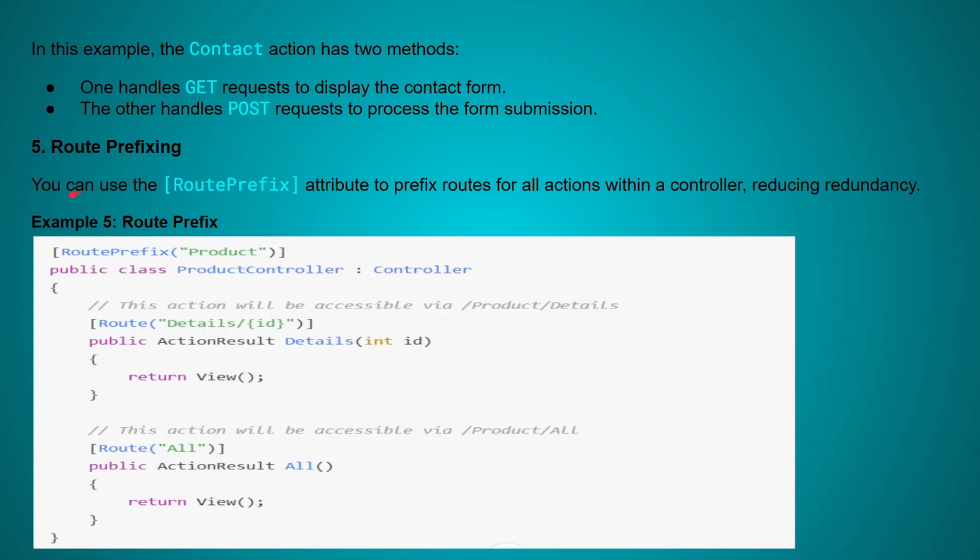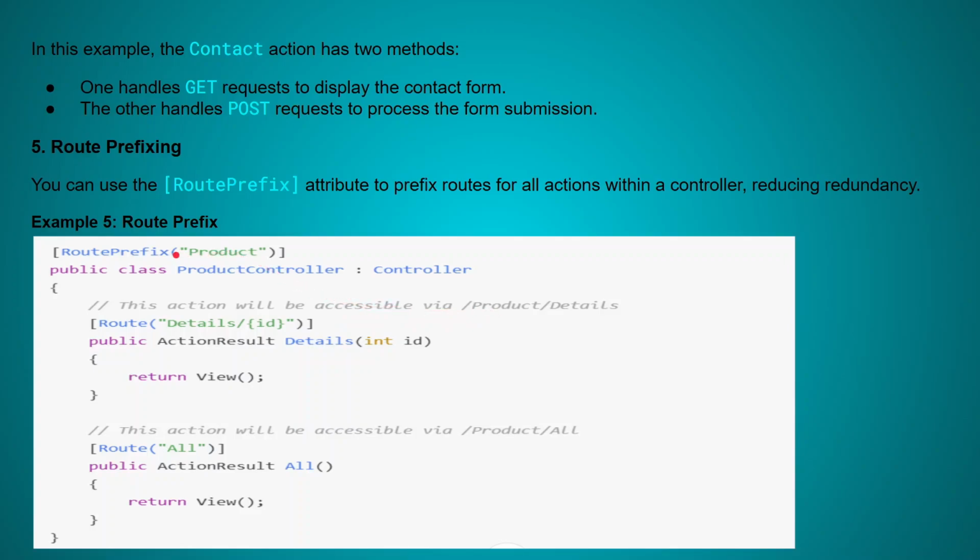Route prefixing. You can use the RoutePrefix attribute to prefix routes for all actions within a controller, reducing redundancy. Example, route prefix. We have a controller called Product controller. Here you can see RoutePrefix. We have given product. So this action will be accessible via product.